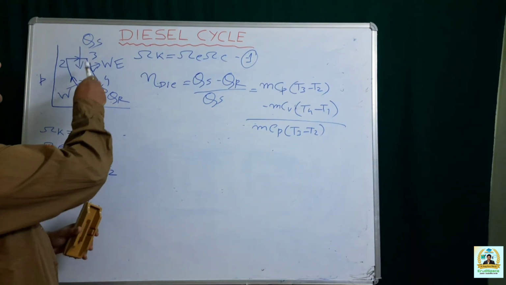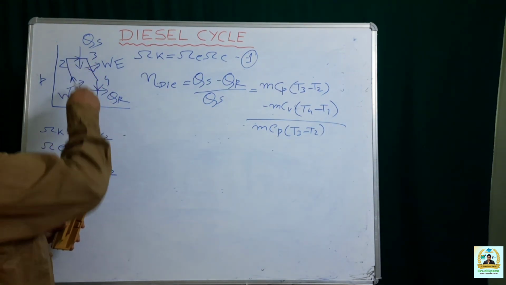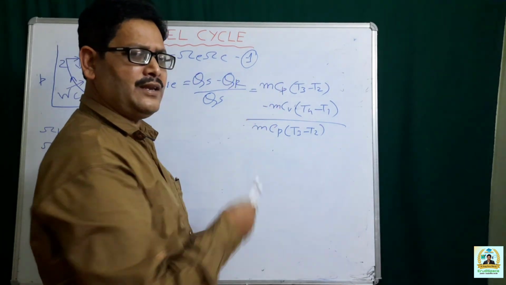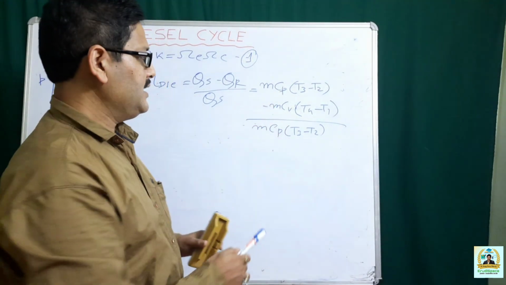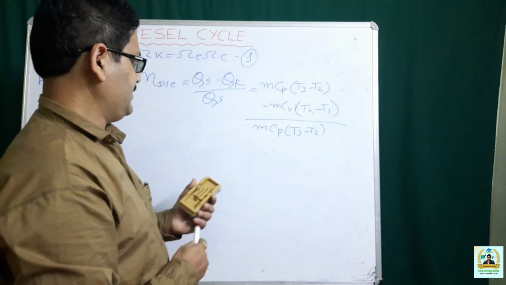Because here heat addition is actually taking place at constant pressure, that's why Cp is taken here, and the heat rejection is taking place at constant volume, that's why Cv is taken here.